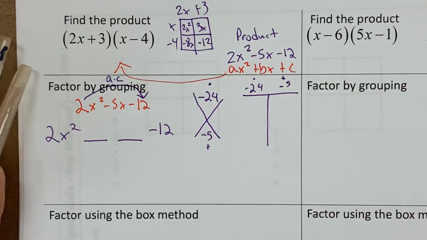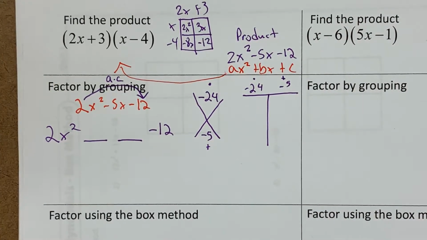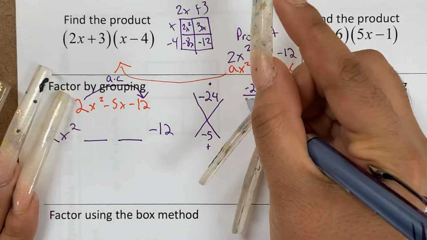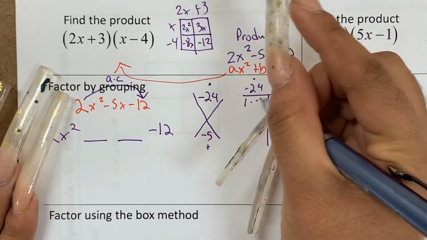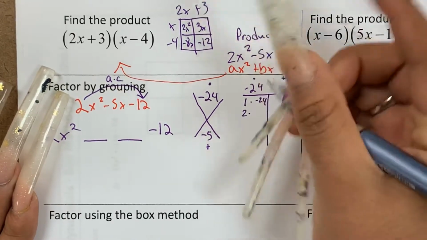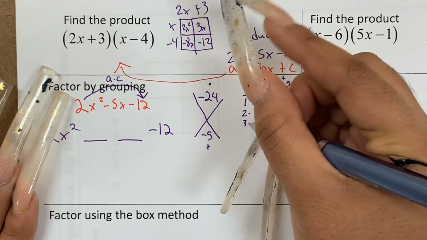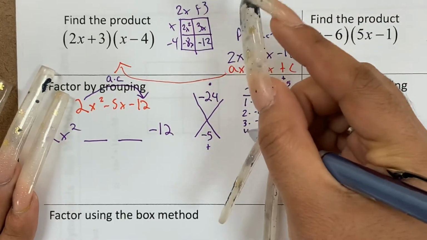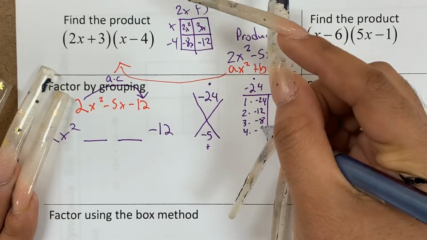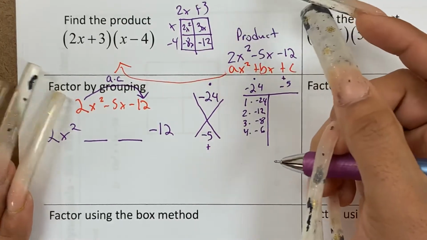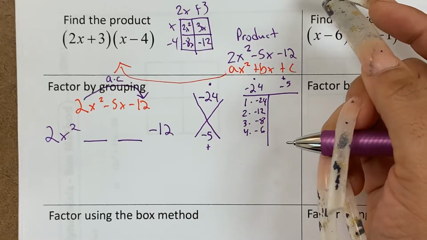So I'm going to go down the list of all the factors of 24. 1 times negative 24, 2 times negative 12, 3 times negative 8, 4 times negative 6, and then they start repeating.